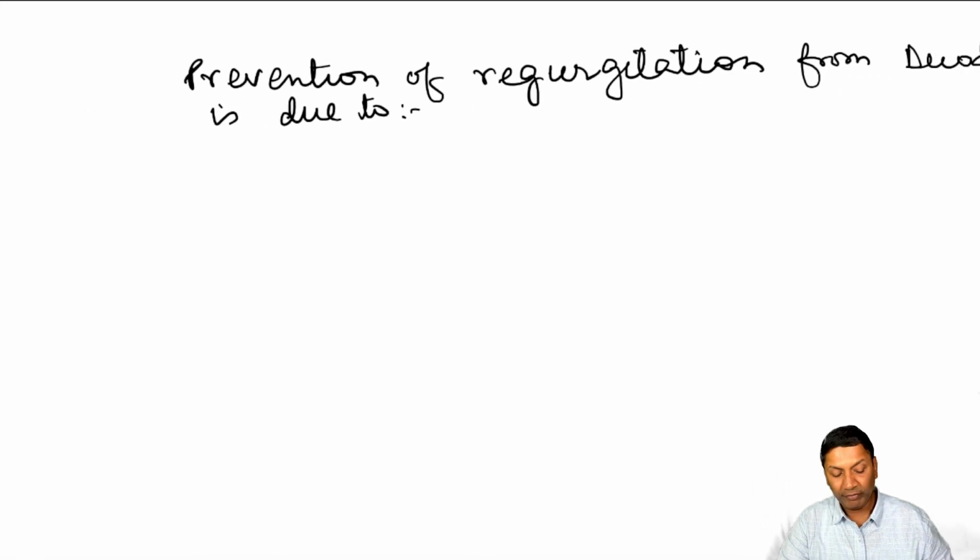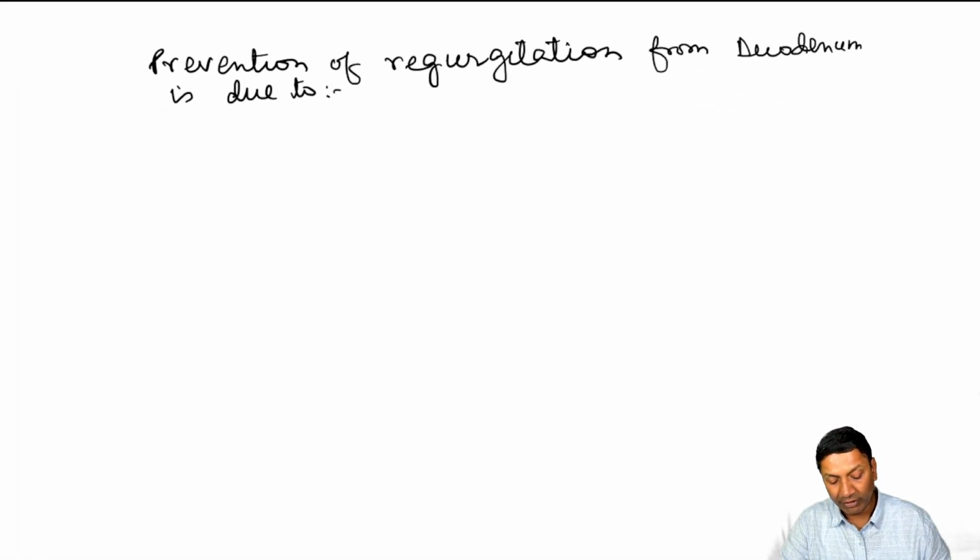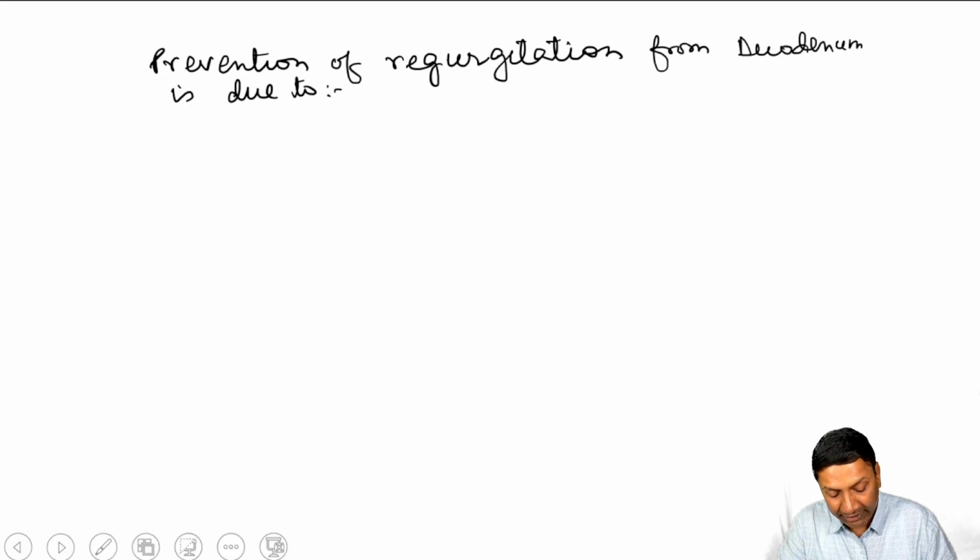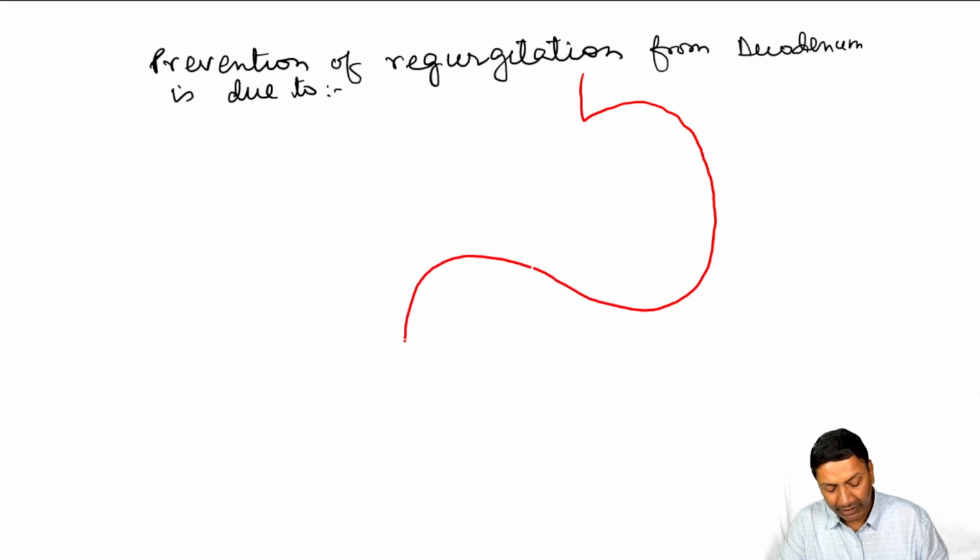So this I will explain with the help of a diagram. Prevention of this regurgitation from duodenum is due to what happens when the chyme enters into the duodenum.